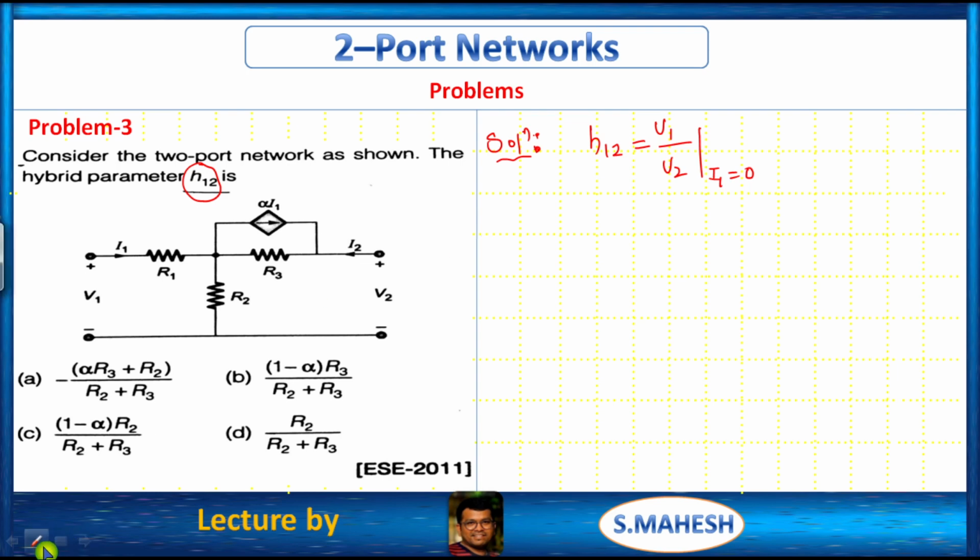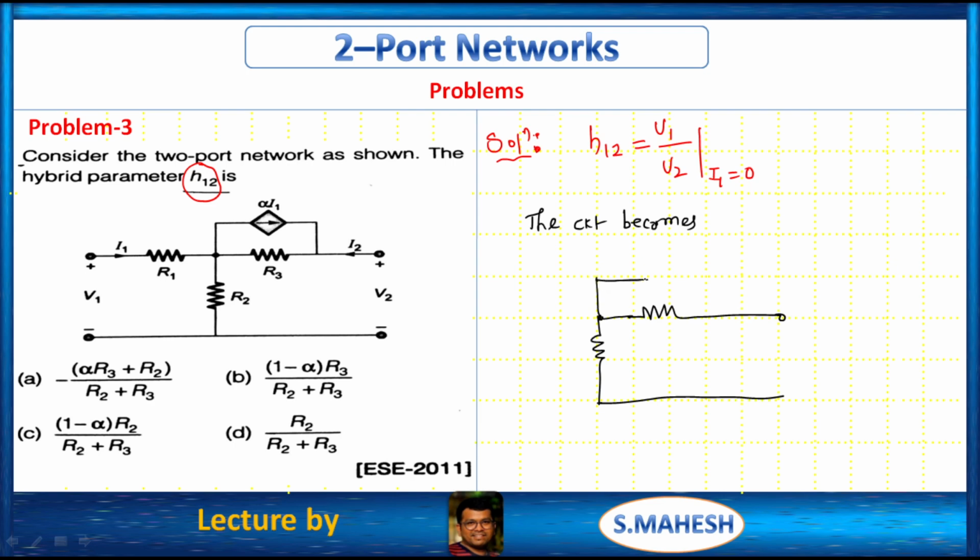Then the circuit becomes, at this condition, because we don't have this branch, only this is alpha I1, this is R3, this is R2, and across we have V2.